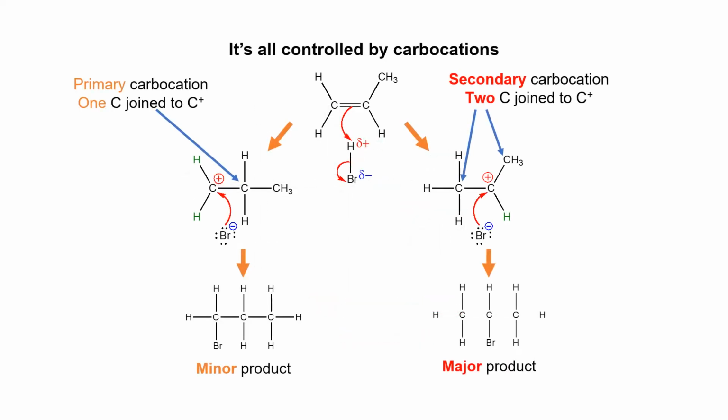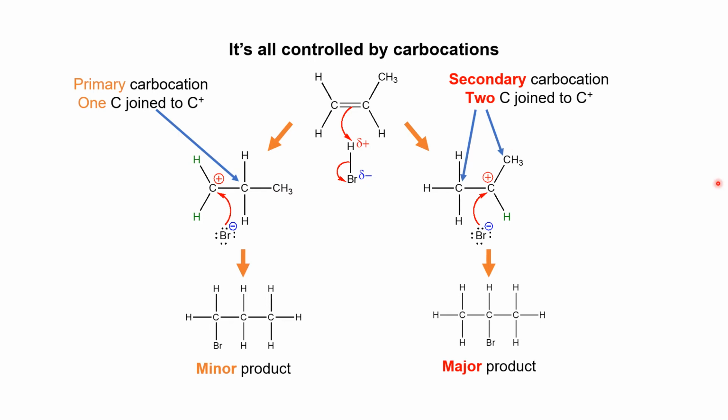Let us take a closer look at the mechanism of the reaction. If the hydrogen from HBr takes up the bonding electrons and goes to carbon number 2, then carbon number 1 will become the carbocation.